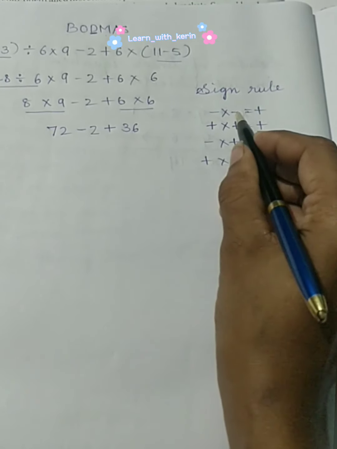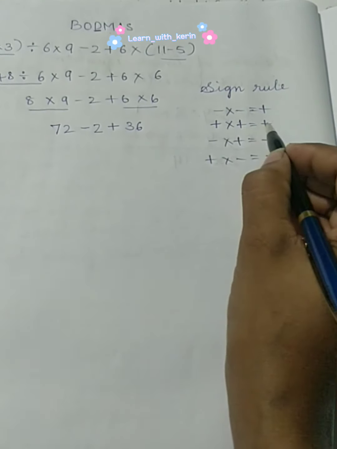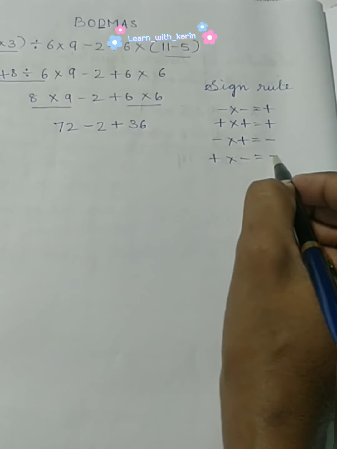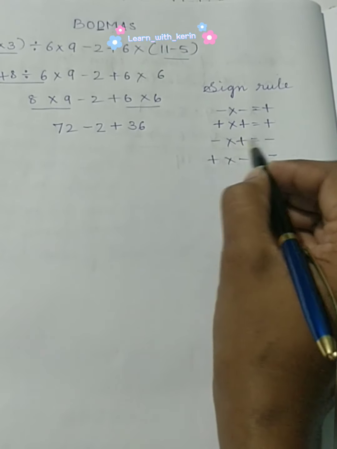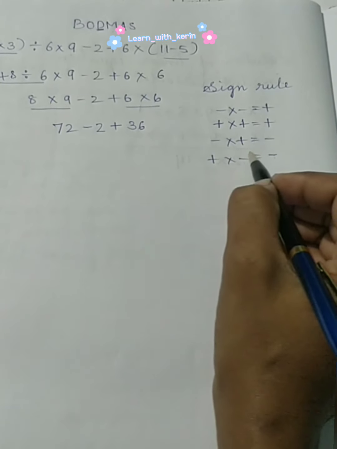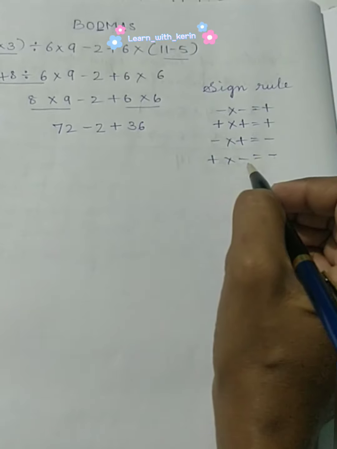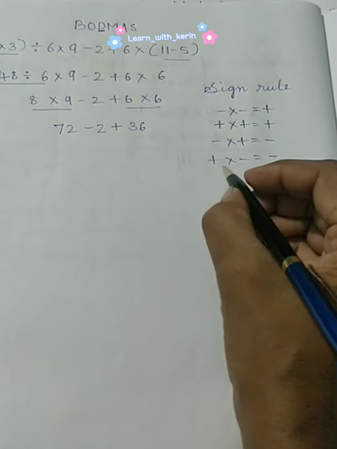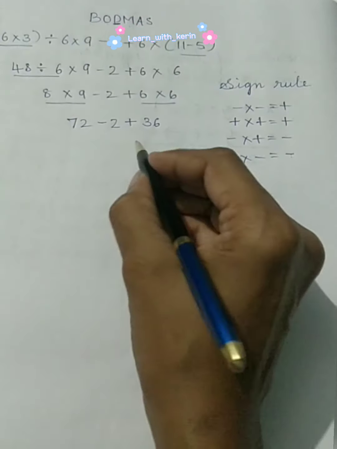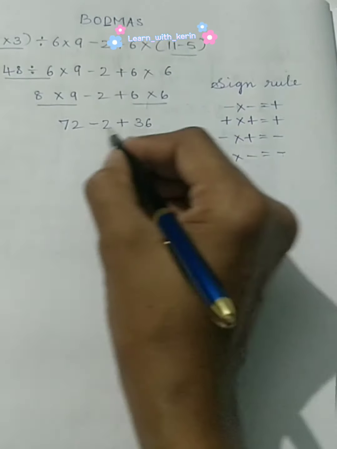Like minus into minus is plus, plus into plus is plus. If you multiply two different signs, the answer will be minus. Minus into plus is minus, plus into minus is minus. Now, about this sign rule you will be studying in detail in your higher classes. Now, where to use this sign rule?